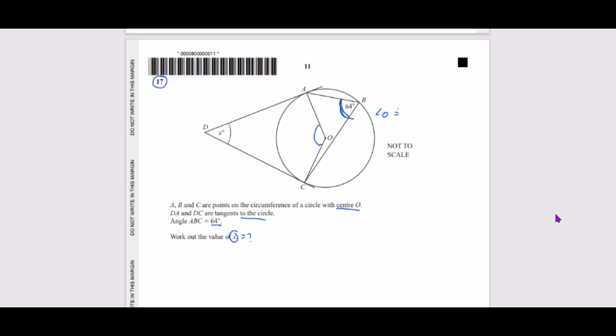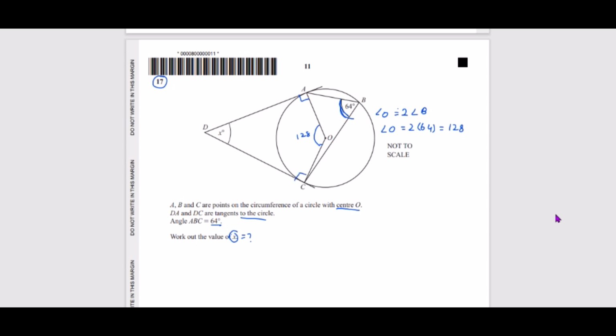Angle O is equal to, put the value of angle B, 64, multiply these values, we get 128. The angle O is equal to 128, and now we see that this is a perpendicular angle and this is also a perpendicular angle.